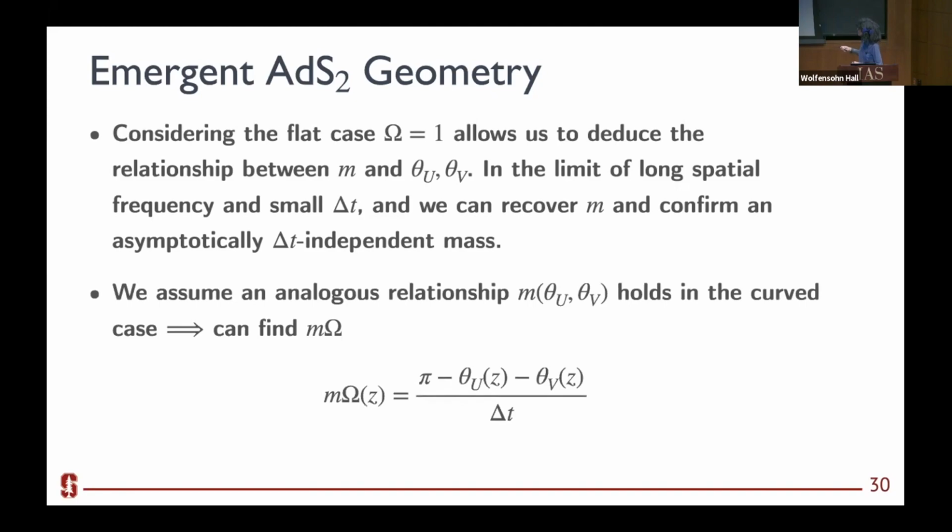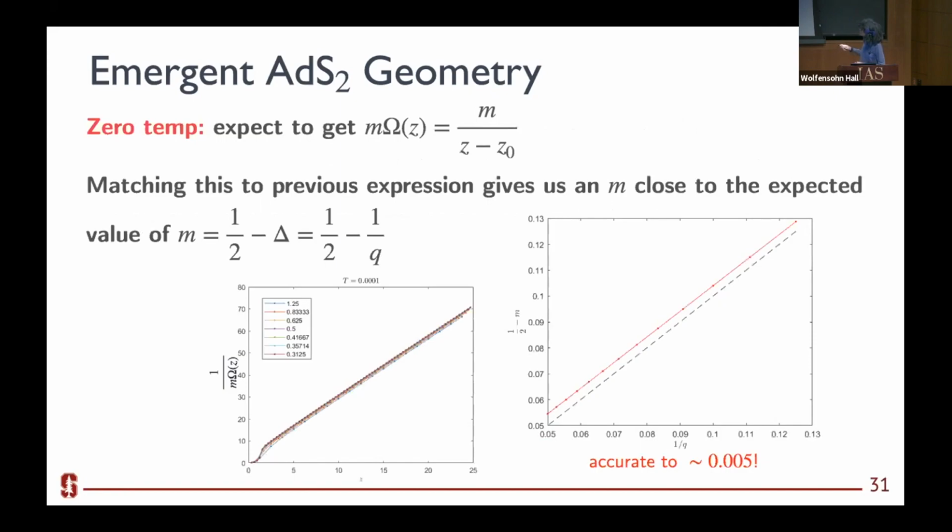And like I said before, knowing the relationship between the mass and the gate angle is going to tell us some information about the curvature. So let's do this in the 0 temperature case, where we expect the joint mass times this conformal factor to behave as so.